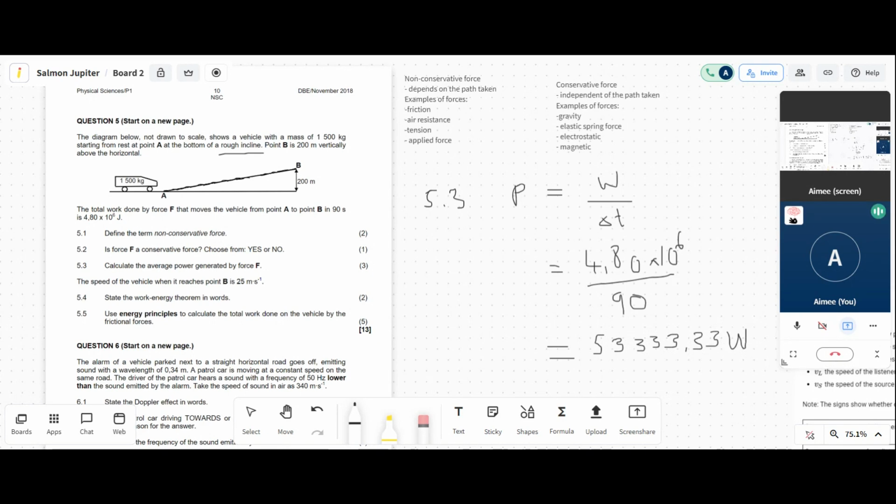The unit for power is watts, so we put a W there. Okay, and that's question 5.3.